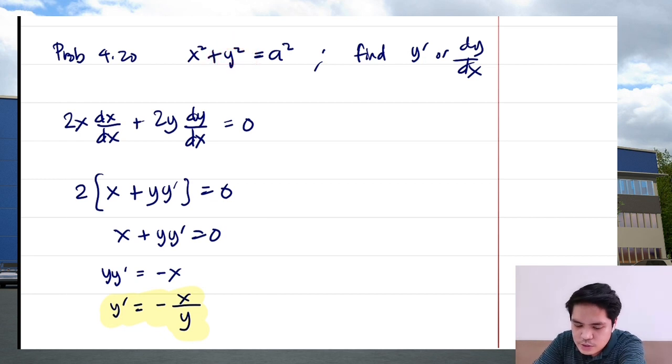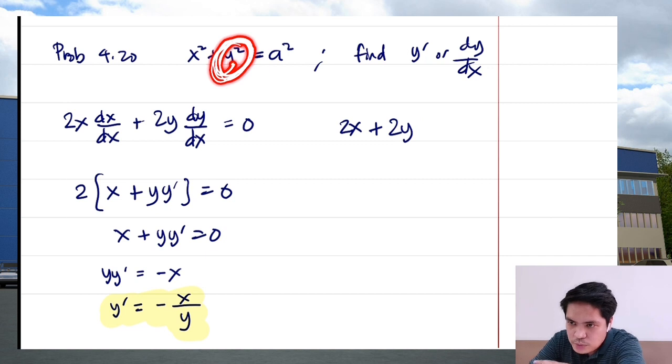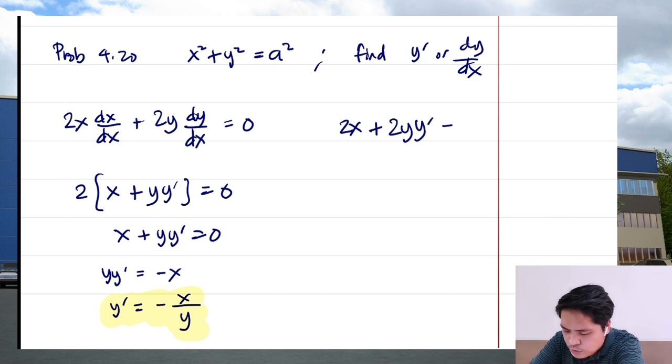So let's apply it. The derivative of x squared is just 2x, plus the derivative of y squared, which is 2y raised to 1. Since we are getting the derivative with respect to x, you just multiply that with y prime, then equal to 0.